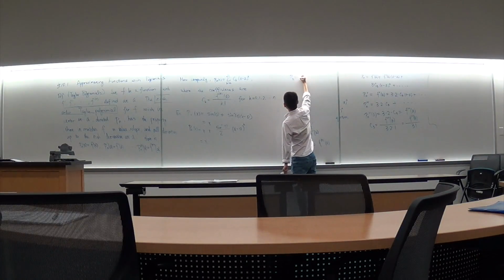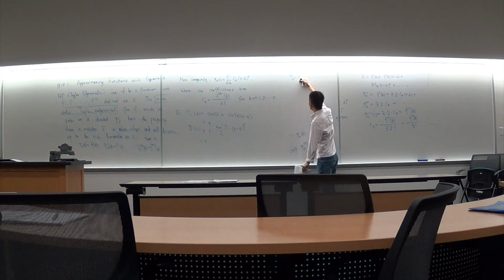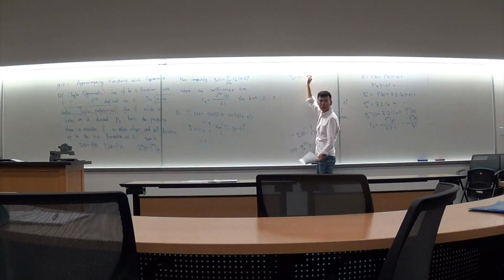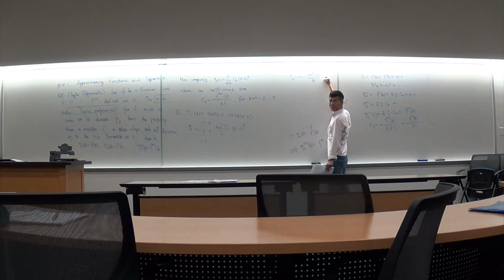P3 is going to be P2 plus one more term. P2 is equal to x, and we add an additional term. By the way, the general formula for the additional term is the third derivative of the sine function at 0 over 3 factorial times x minus 0 cubed.